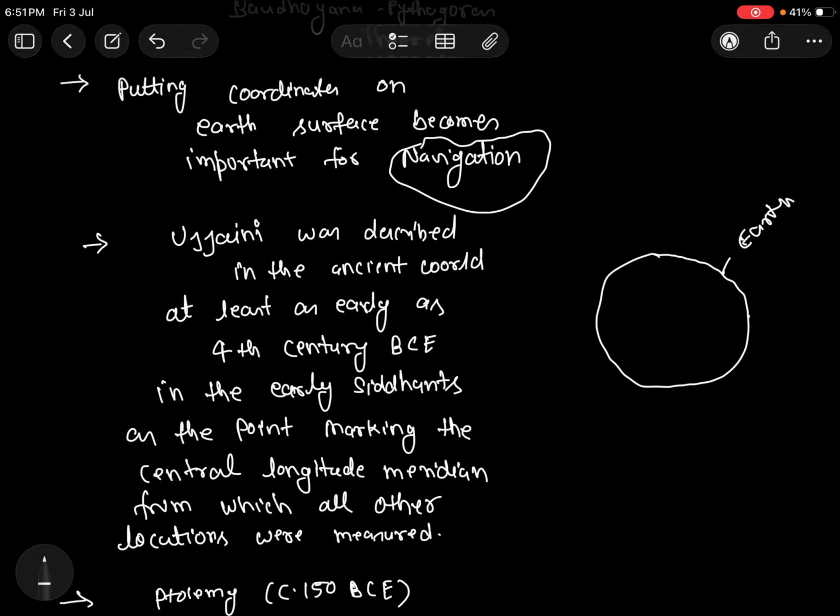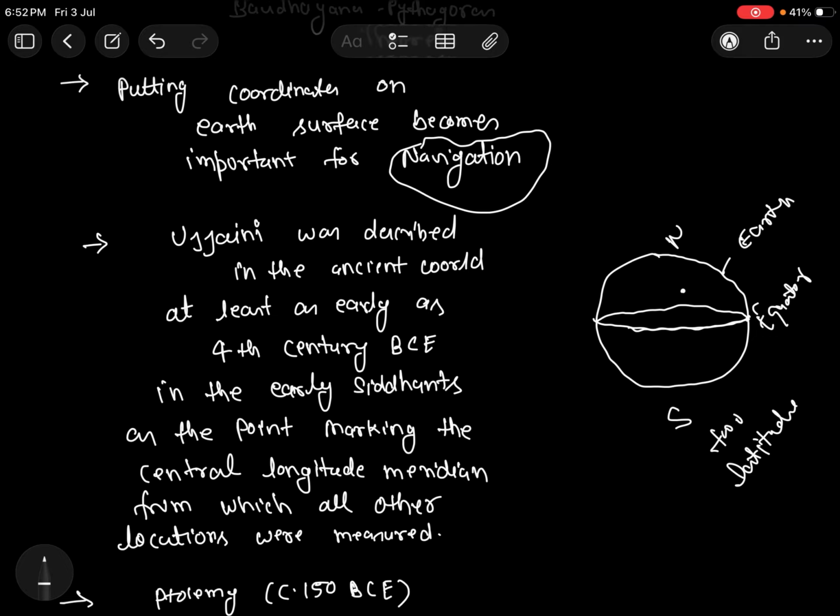You know this is the north pole and south pole, and this is the equator. For the coordinates of any particular point, let's say a point is here, we measure its two angular distances. One angular distance from the equator is known as the latitude.